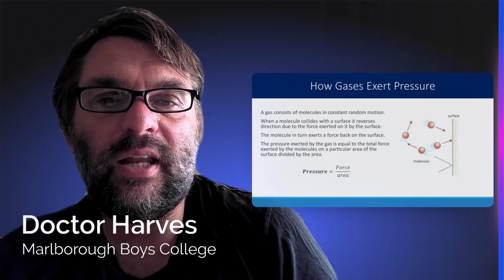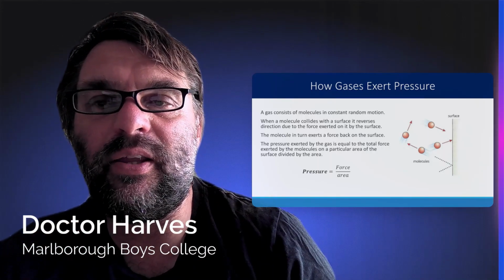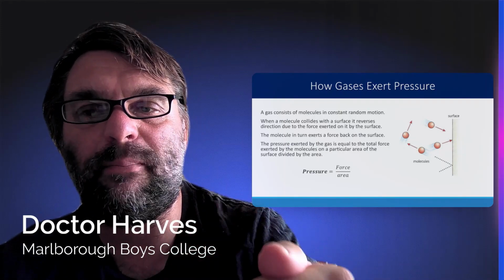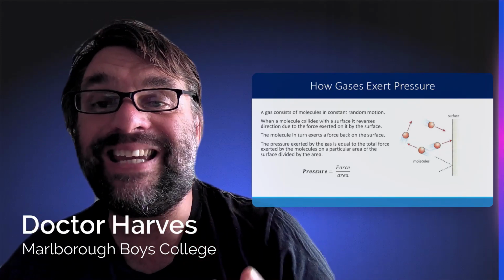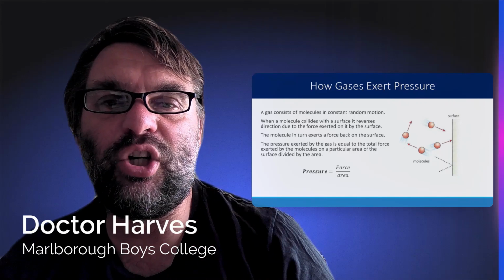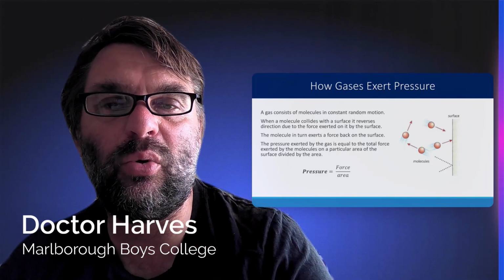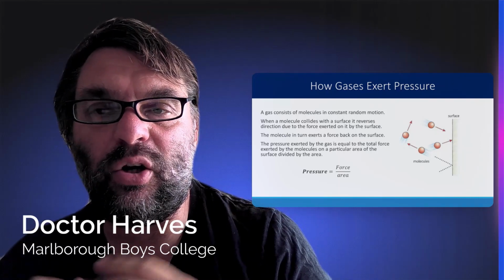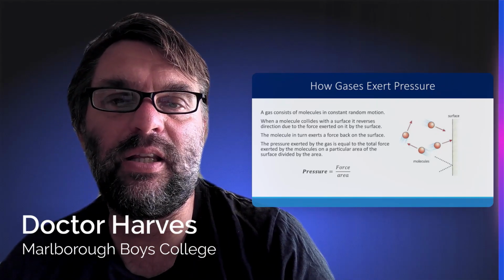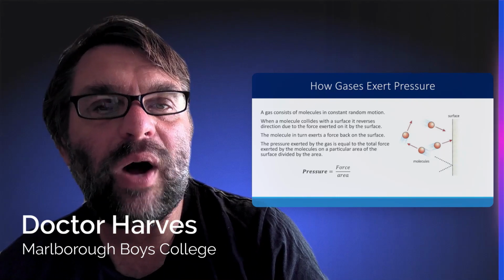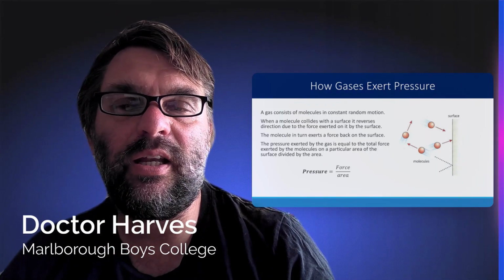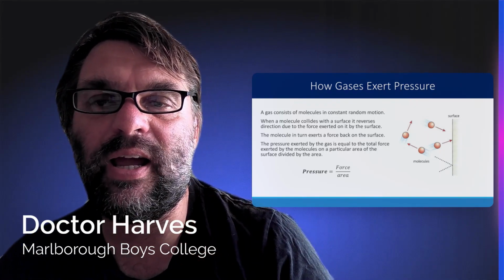So that means that the faster, for example, the particles are moving, the more force it applies. So that's why when you heat a can, the inside pressure increases, okay, because the total force being exerted by the molecules is going to be increasing, yet the area stays the same. Okay, so that's the way a gas can exert pressure, say, inside a can.